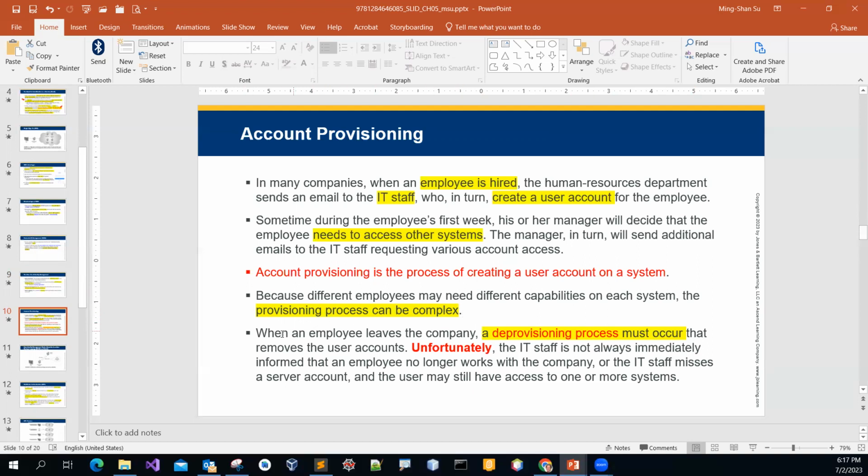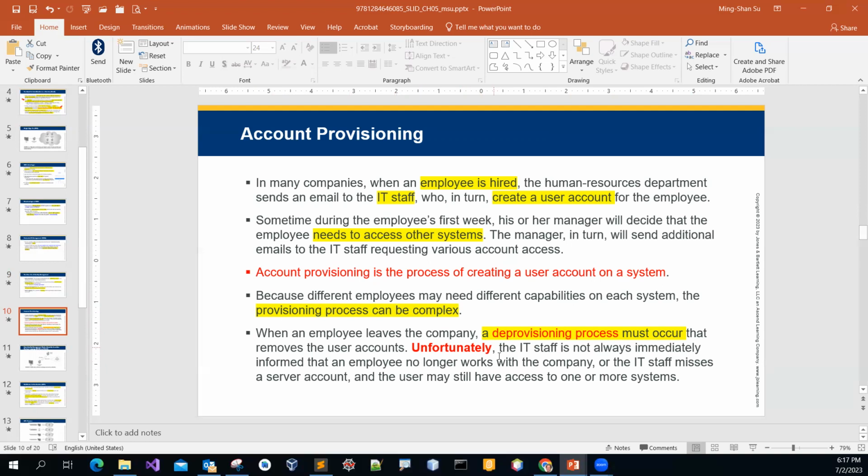And then when an employee leaves the company, the deprovisioning process must occur that removes the user's accounts. So actually, I would say disable the user accounts.